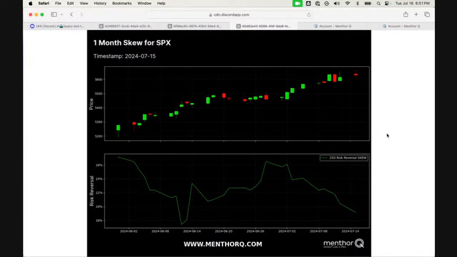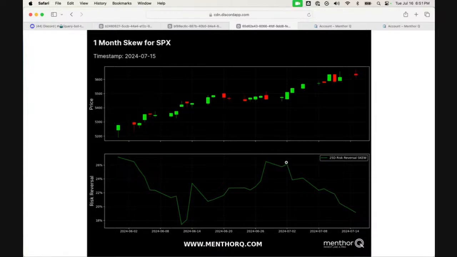And if you're looking, let's say, you see that big hump at July 2nd, where the mouse is, that's showing us that calls were overpriced relative to equidistant puts. So there was a strong demand for calls.